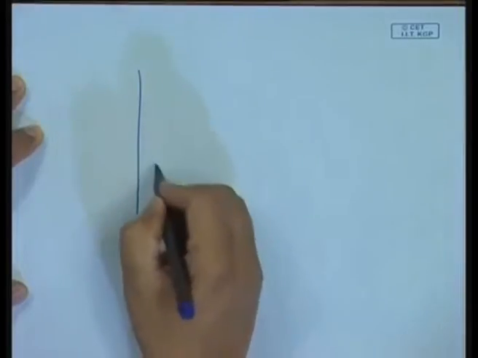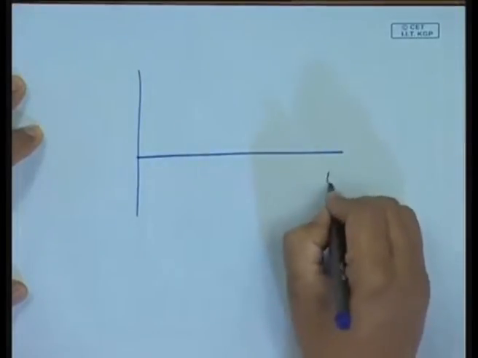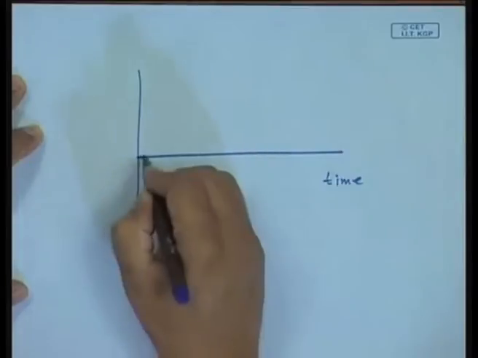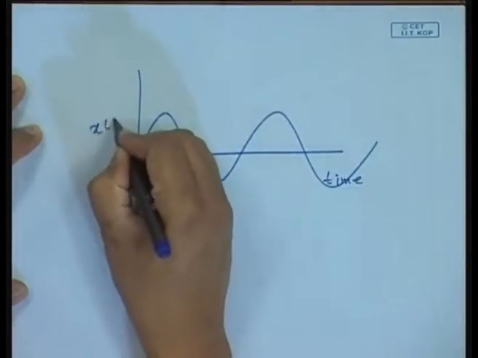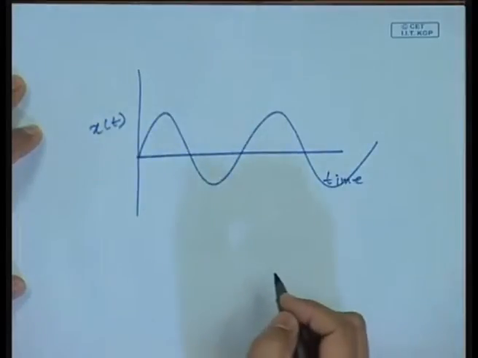We will come to the analysis later on, but today let us discuss mostly what this computer aided data acquisition is. For example, this is my real analog signal, which is measured by a transducer.